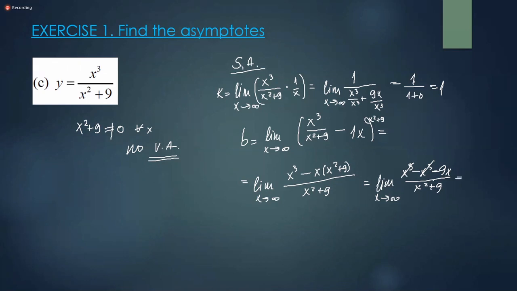You can find it by whatever method you like, infinity over infinity, even using L'Hopital's rule. So we could use L'Hopital's rule because it's infinity over infinity, no problem. And so we would have the limit of minus 9 over 2x when x tends to infinity. That is, of course, 0.